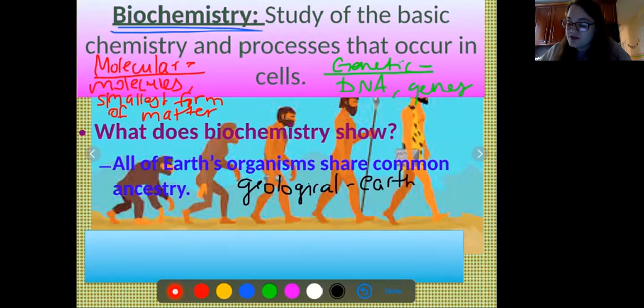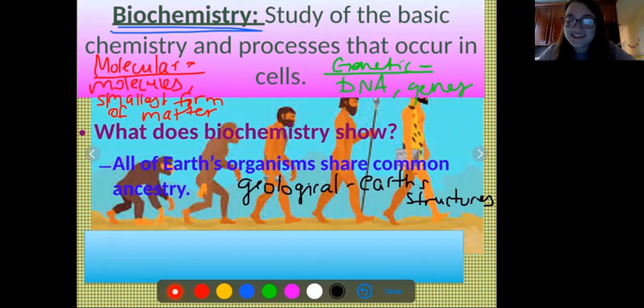So Earth's physical features. We're dealing with Earth structures. So something that has to do with the physical Earth.